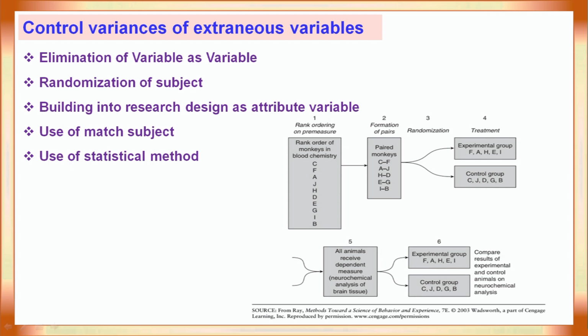Now if you are randomly selecting the subjects, and there are a number of extraneous variables, then the distribution of girls and boys in the experimental group will be in similar proportion in the control group also. If people differ based on socioeconomic status, students from higher, lower or middle socioeconomic status may be in the experimental group and the control group also.